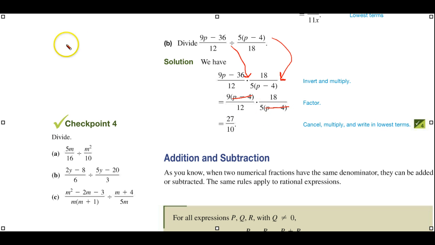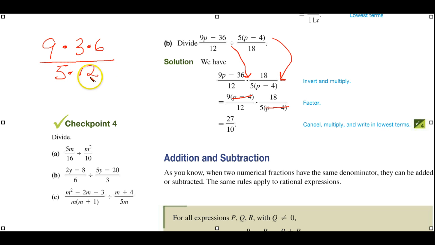And then I have a, let me put it over here at 9, and a 3 times 6 over a 5 times 12.